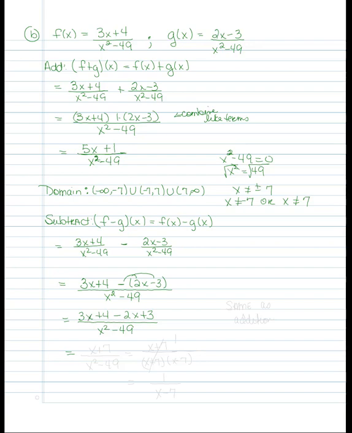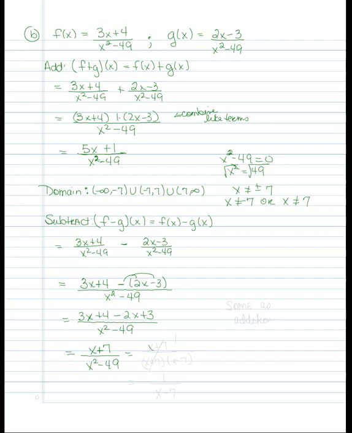Combine like terms: 3x minus 2x, which is x, 4 plus 3 is 7, all over x squared minus 49. That should be plus 7.